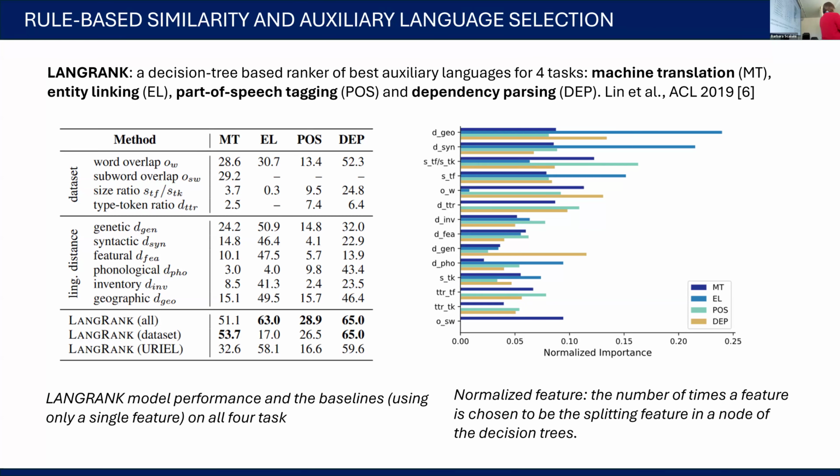So you have these data sets of the target language and the auxiliary language that share very many pieces of words. This helps the most, together also with the size of the data set, which goes without saying. But for other tasks, like for example dependency parsing, syntactic similarity extracted from the URIEL vectors was the best predictor.